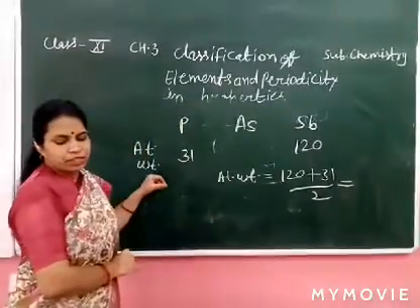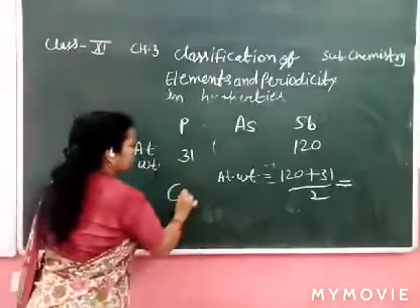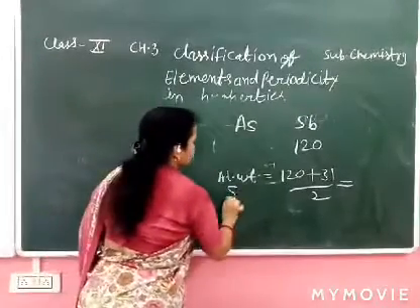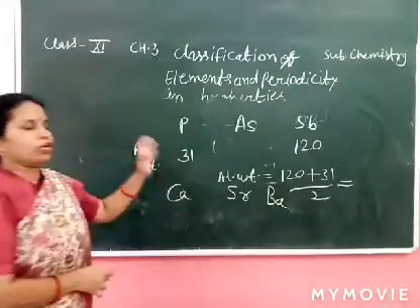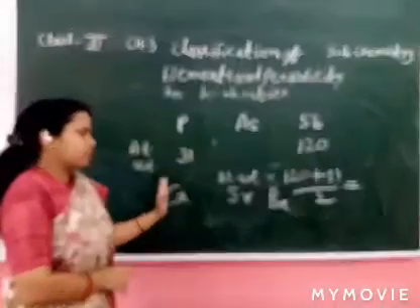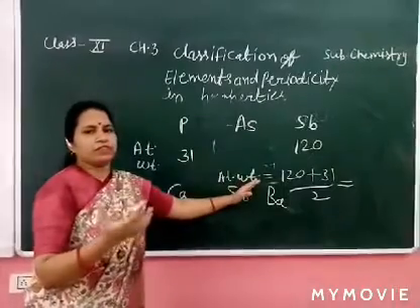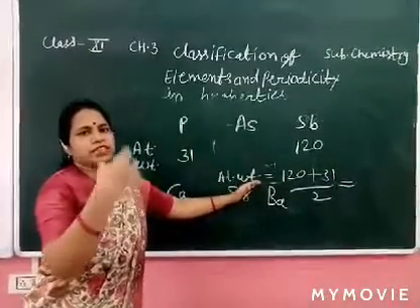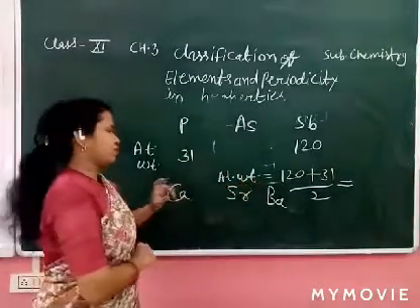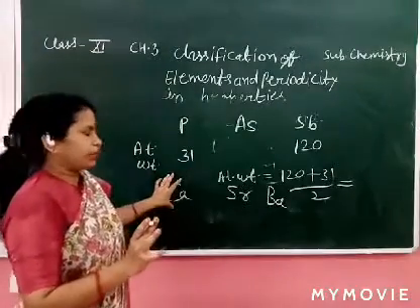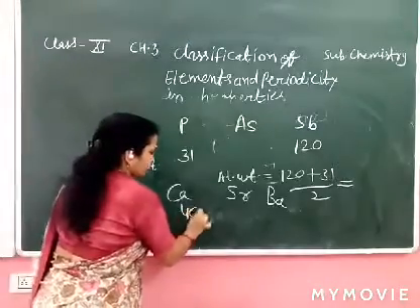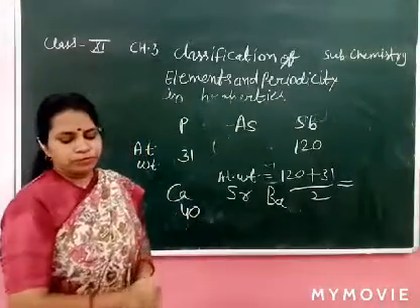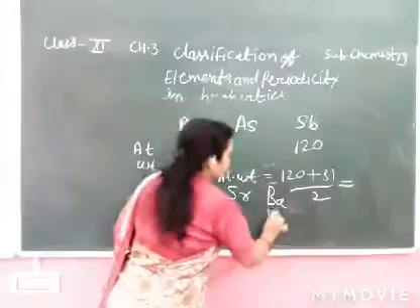The next example we can take is calcium, strontium, barium. These are all metals, with the suffix -ium at the end. Calcium 40, barium 137.